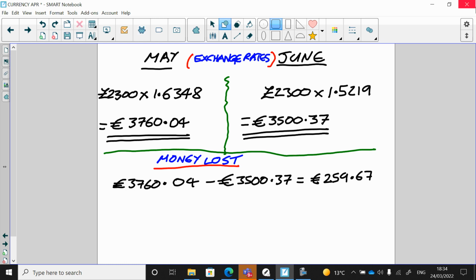Hopefully. So that looks good to me. Right, we're fine. But just remember, they did exchange the money in June. Okay? So this is all hypothetical. They could have waited to whenever.